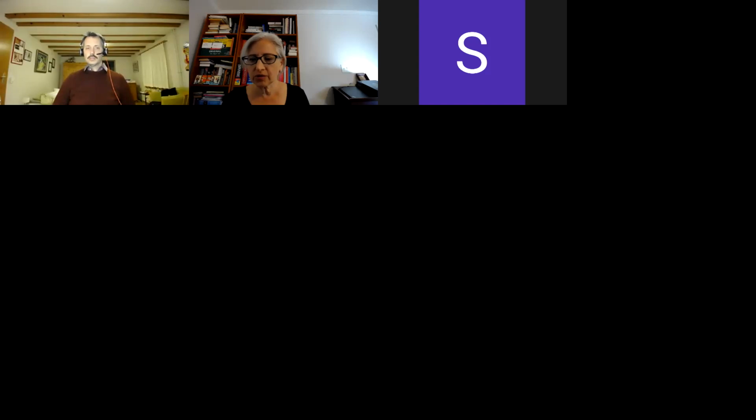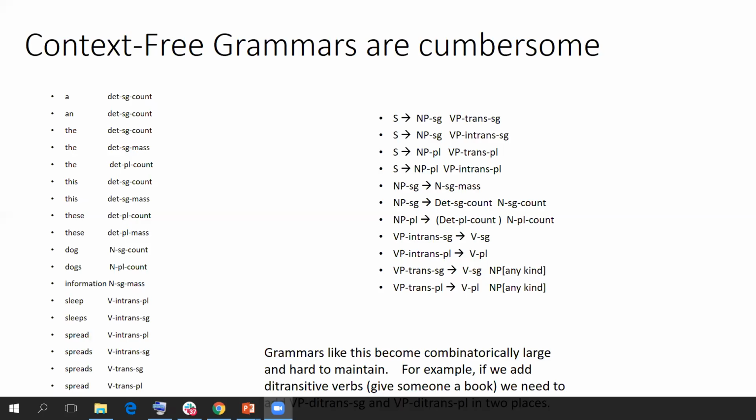When you share, you select which screen you want to share or which window. Okay, wait, I'm going to share this one that says screen 2 because that's the tablet. Okay, what do you see now? You see context-free grammars are cumbersome. Yes. Okay, that's probably better.